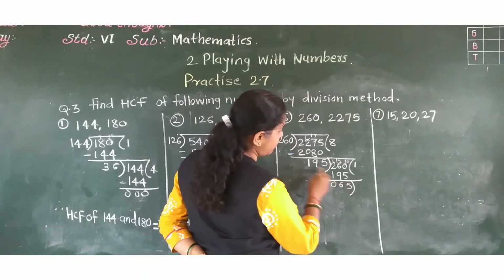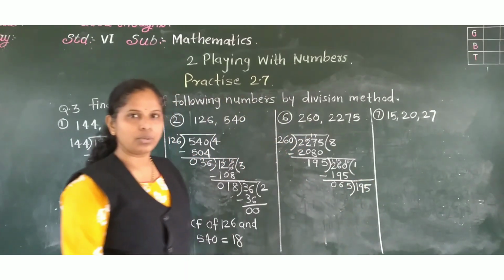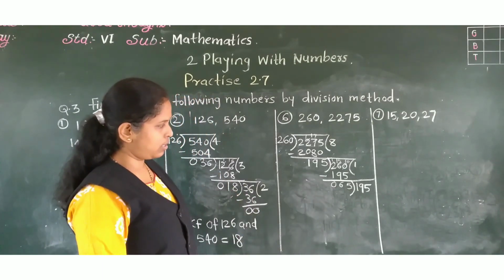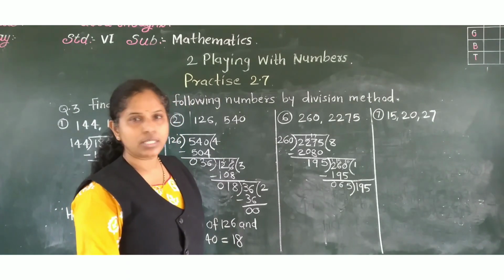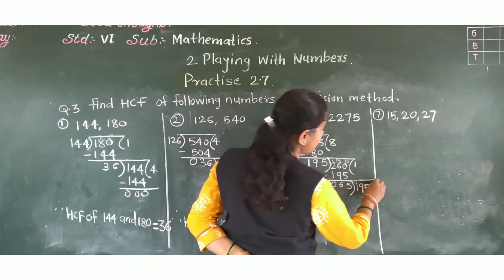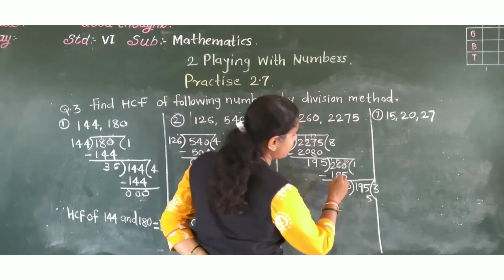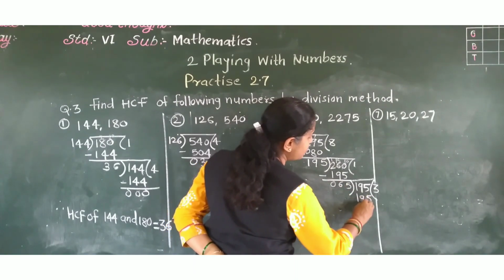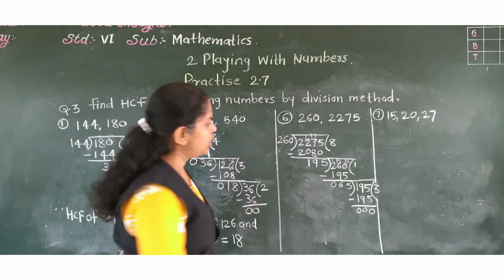Now with this 65 we have to divide 195. Okay. Now 65, with what we have to divide? 3. 65 3s are, 3 5s are 15, 5, carry 1. 3 6s are 18 plus 1, 19. 65 3s are 195.